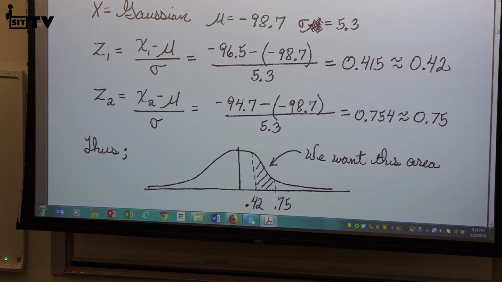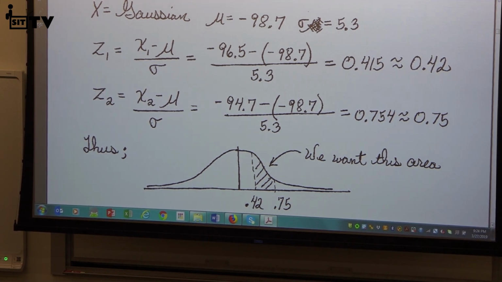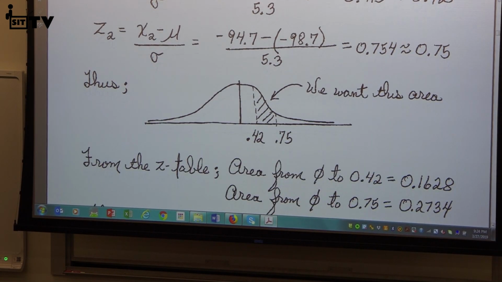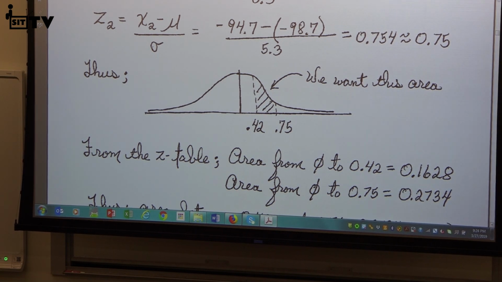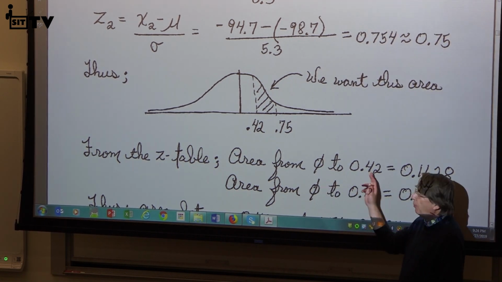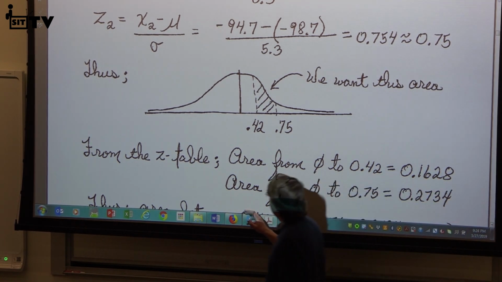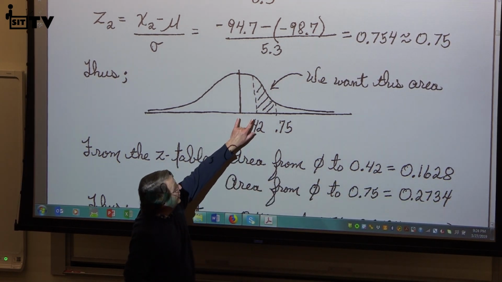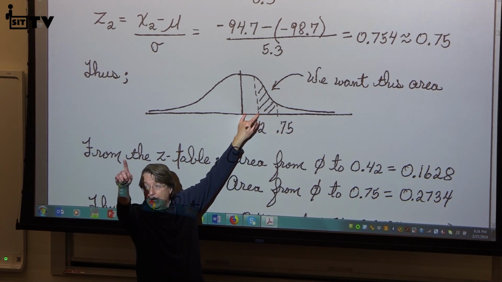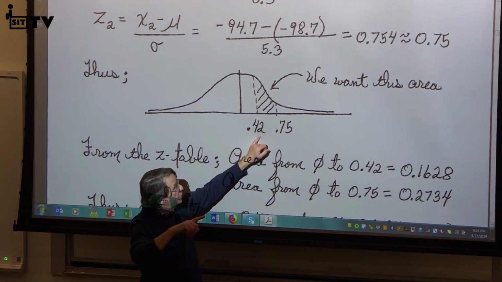So again, we're using a single-sided z table. So I look here and say, great. We go to the z table, and I get the area from 0 to 0.42. So I get this area here. Go to the z table and go down to 0.42.